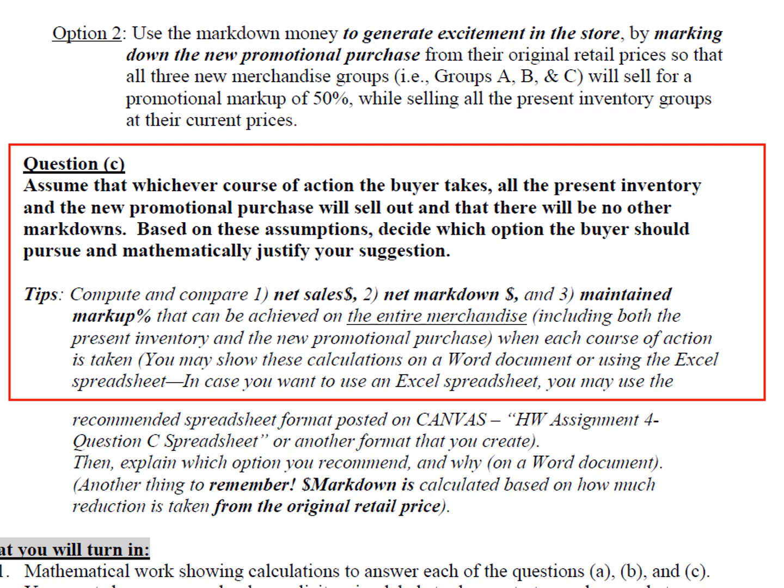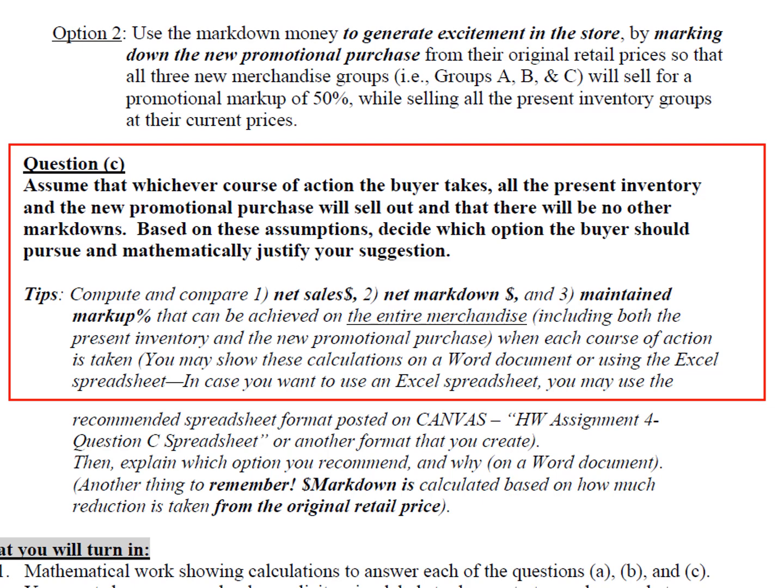Remember, all items are going to be sold, so you have to calculate the dollar markdown for each item, and then multiply the number of units in that group of merchandise by the dollar markdown to get the net markdown for each group. Then you can combine all groups to get the total net markdown for the entire merchandise. So you have to calculate the net sales, net markdowns, and maintained markup for the entire merchandise, including both the present inventory and new promotional merchandise all together, and choose the option that gives a better result: better net sales, better markdowns, better maintained markups.